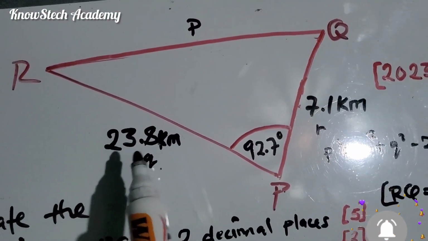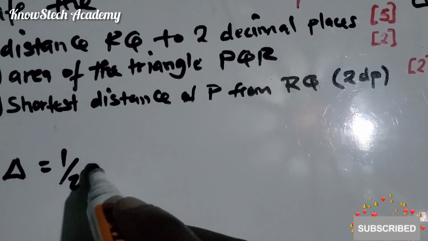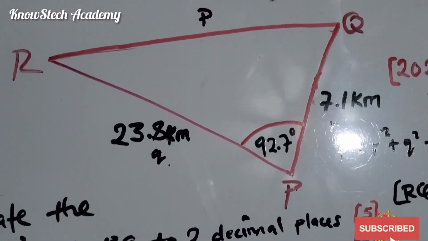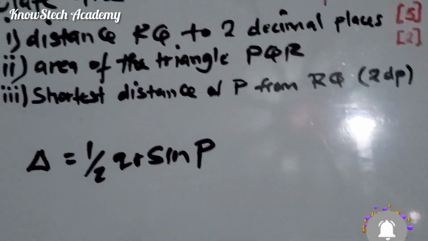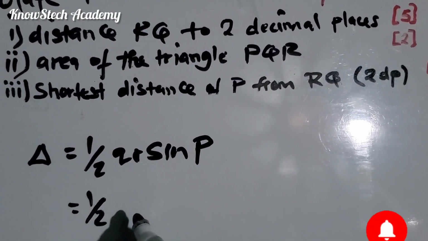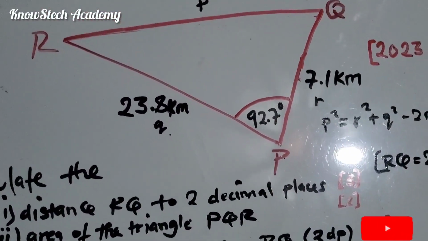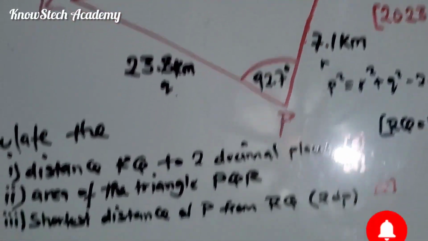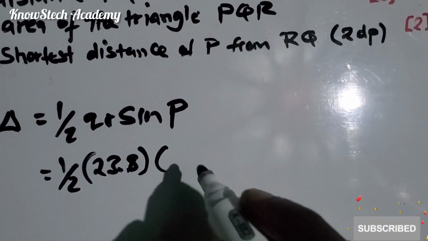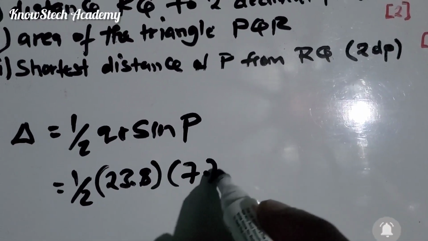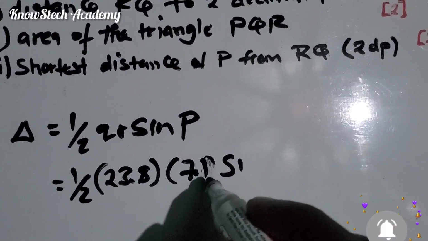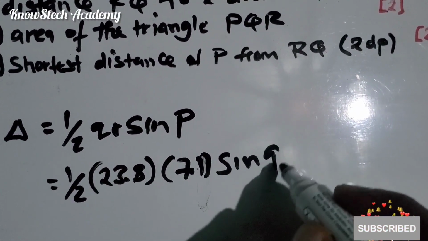So we're given these two sides, so we can say QR sine the angle, which is sine angle P. So when we substitute here, we're going to say half, then the value of q in the question there is 23.8 multiplied by r, which is 7.1, then sine P, which is 92.7.